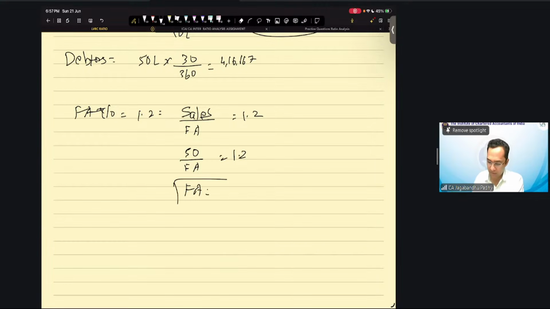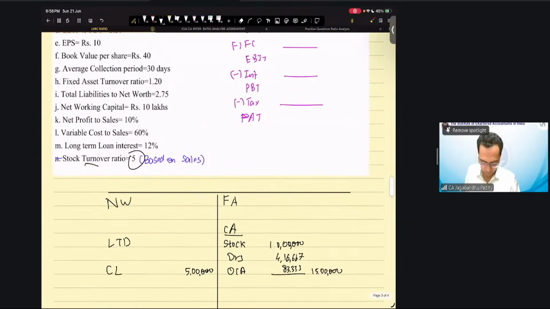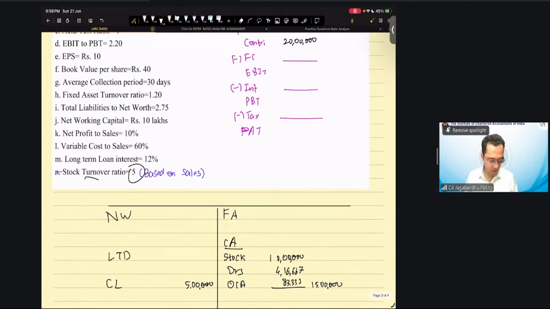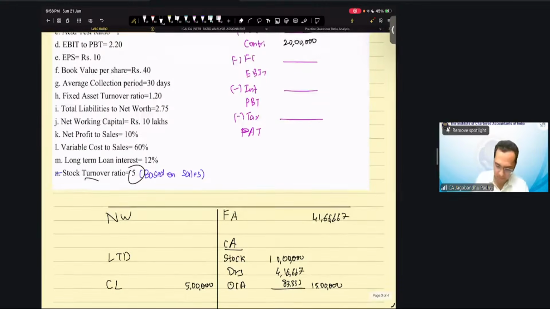So what will be the fixed asset value? 50 divided by 1.2, which is 41 lakh 66,667. Yes. Okay, so asset side is ready.